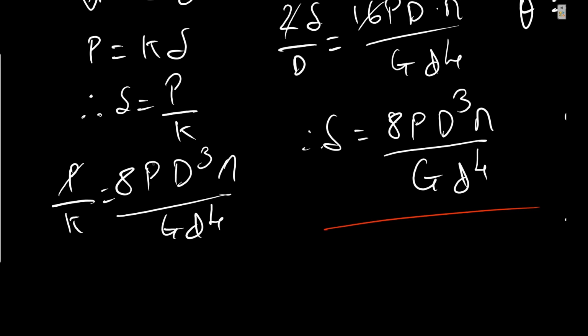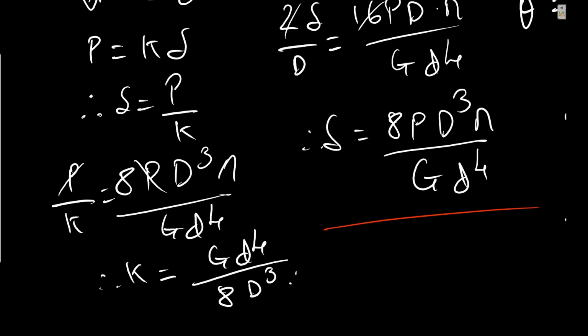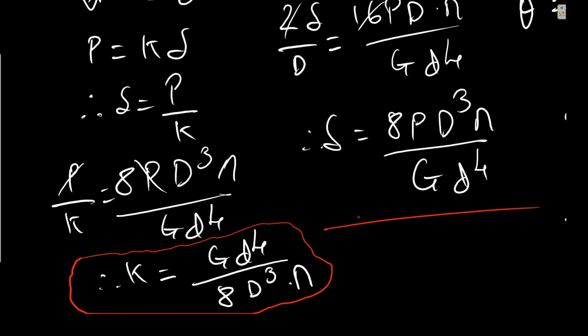So the P cancels out, and therefore the rate of the spring is given by G d raised to 4 by 8 D cubed n. Yeah, that's it. So these are the important equations which are required for the design of a helical spring. This is the first one.